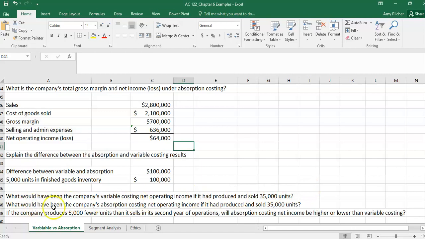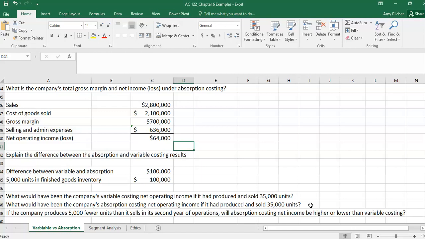The next question is, what would have been the company's absorption costing net operating income if it had produced and sold 35,000 units? If you remember from the PowerPoint, there is that summary that says if we produce and sell the exact same number of units, then absorption and variable costing result is exactly the same.